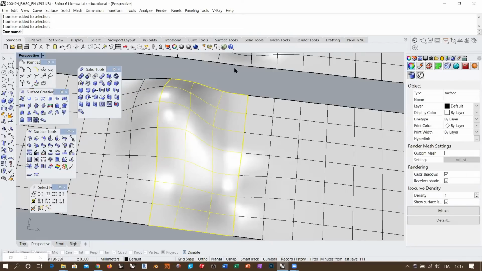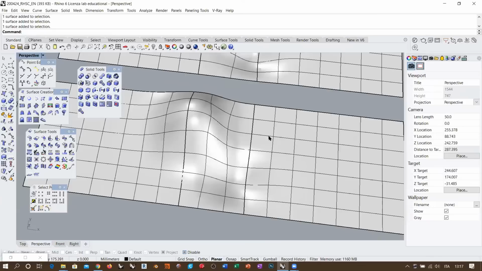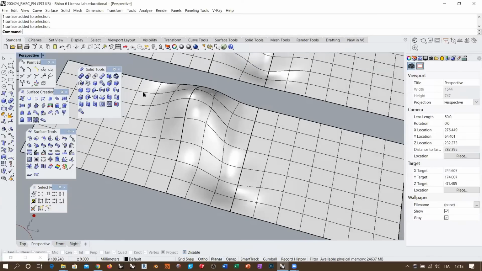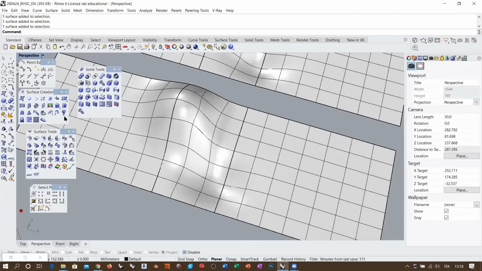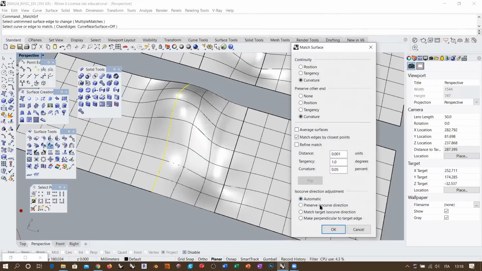So the orientation is not important in that case, but it can affect some operations, like for example in the match, as you saw, because the match tends to consider the adjacent topology. The match also has some options that are based on adjacent topology, like, for example, preserve isocurve direction. Now, isocurve direction, to someone that doesn't know the real meaning of isocurve, means only, I want this black line to correspond to this black line.